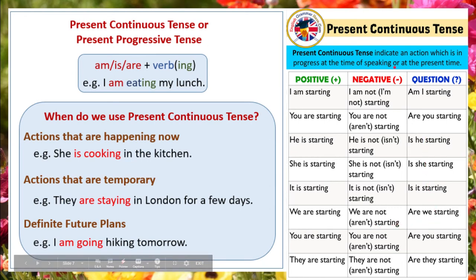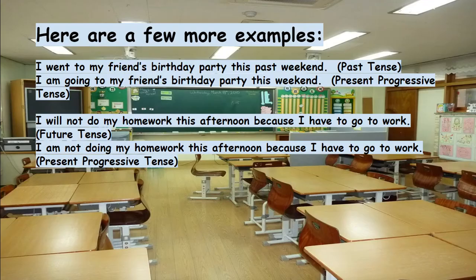You are starting, you are not starting, or are you starting? They are starting, they are not starting, or are they starting? So keep in mind, all declarative statements will end in a period, and all of your questions will end with a question mark. Very important to note that and keep in mind.